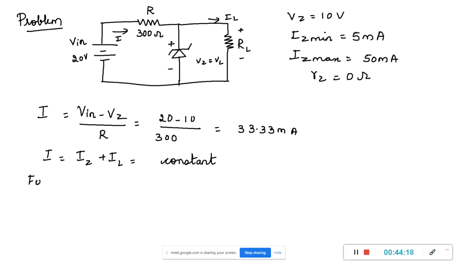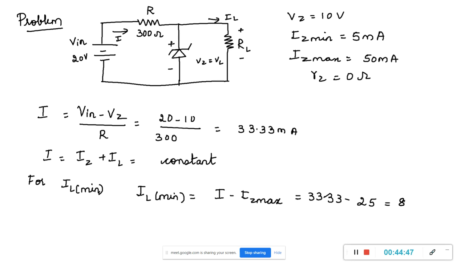First find out IL minimum. IL minimum is equal to I minus Iz max, that is 33.33 minus 25, which is 8.33 milliamps.